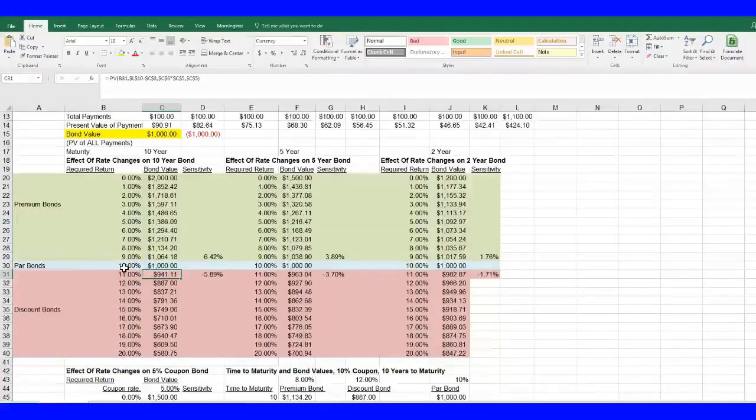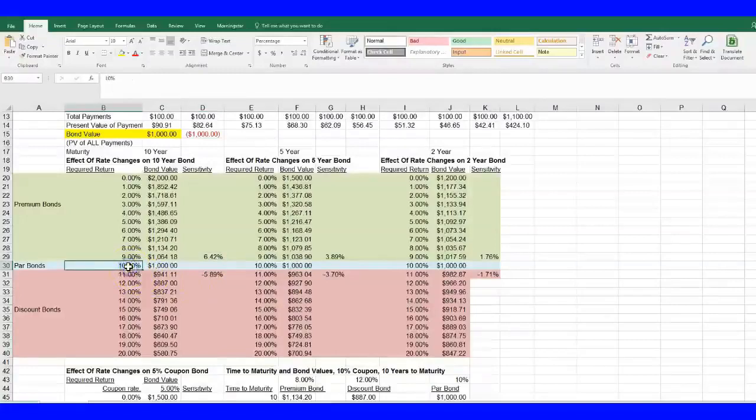However, if required rates of return exceed the coupon interest rate, then the value of the bond falls. So when interest rates go from 10% to 11%, the value of the bond went from $1,000 to $941. So we can see the sensitivity of this particular bond when we look at the price change. A 1% change in interest rates from 10% to 9% caused this bond to increase in value by 6.4%.